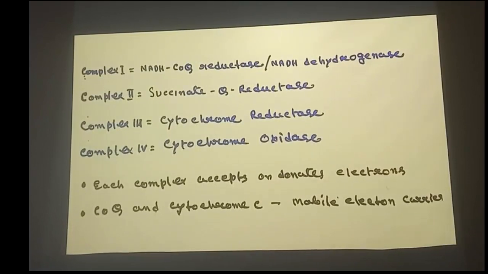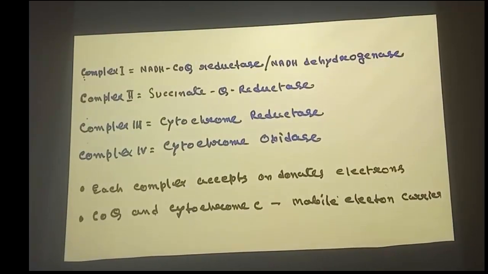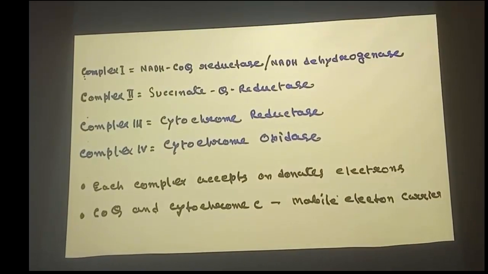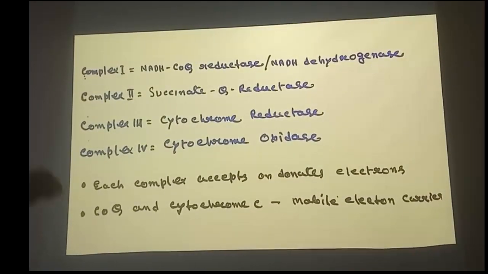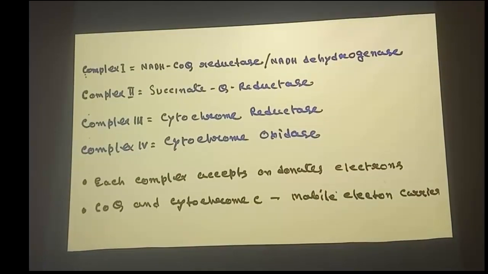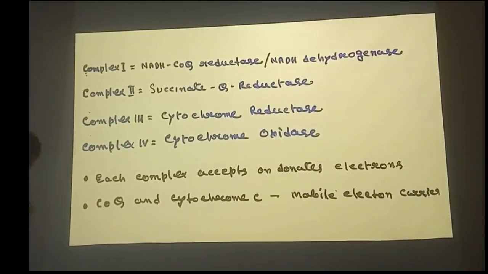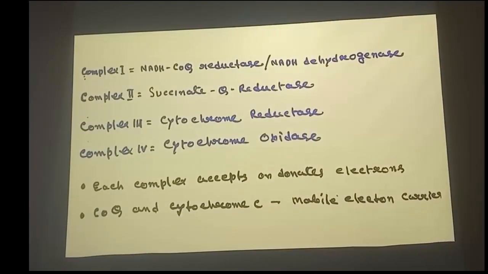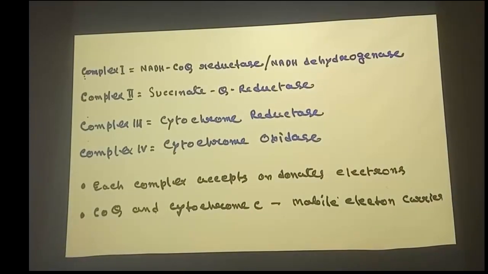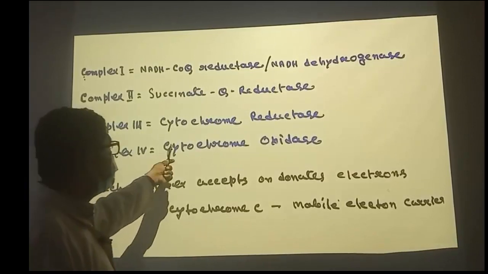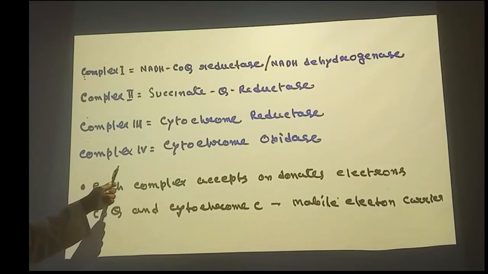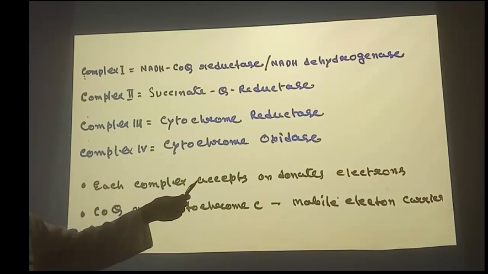Hydrogen is removed from NADH by complex 1, transferring the electron from NADH to coenzyme Q. Complex 2 is succinate coenzyme Q reductase; from succinate to coenzyme Q, the electron is transported. Complex 3 is known as cytochrome reductase, and complex 4 is cytochrome oxidase.